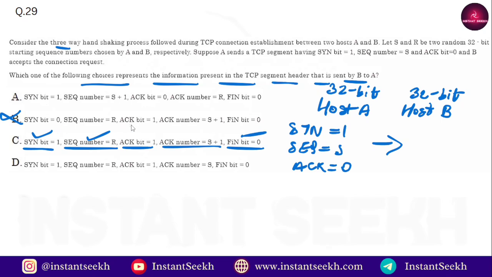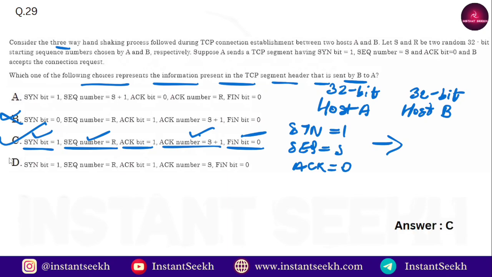Here the acknowledgement number equal to S plus 1 indicates the sequence number of the byte expected next, meaning the information has been received. So option C is the right answer for this question.